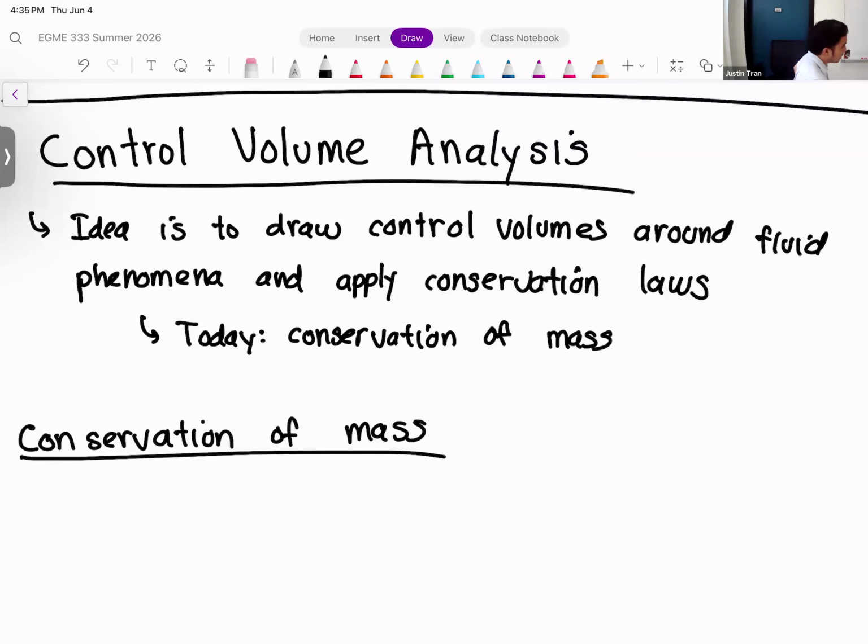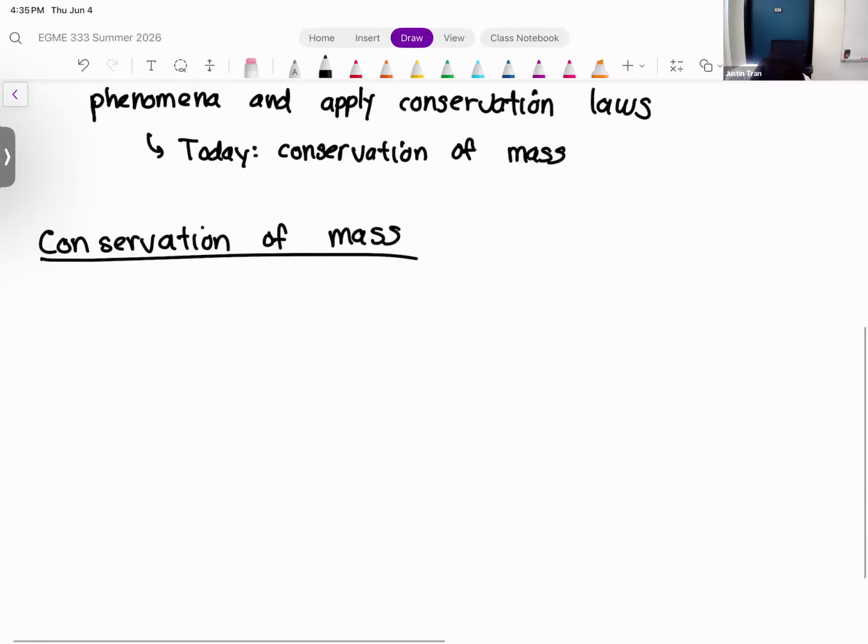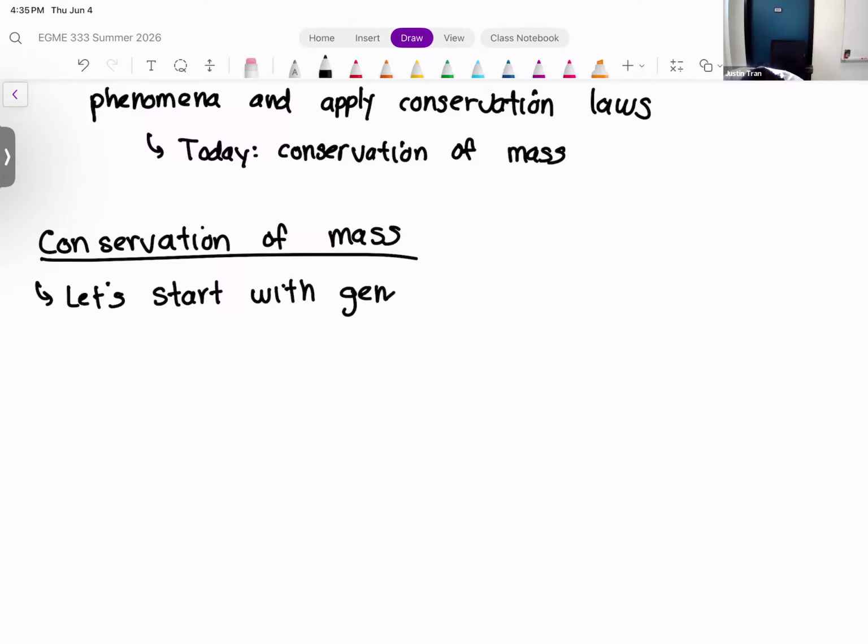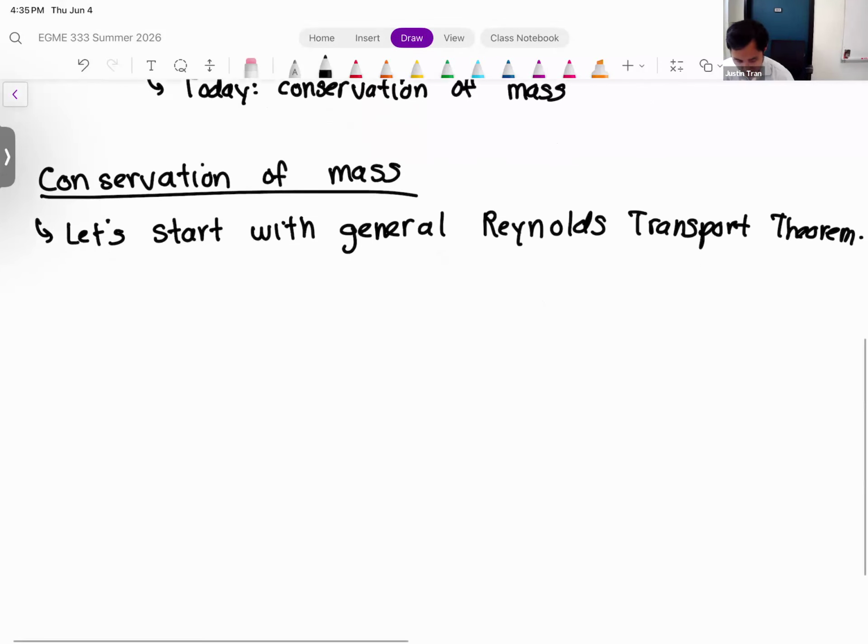Today's lecture is going to start the same as the next lecture. We're going to start with our general Reynolds transport theorem.